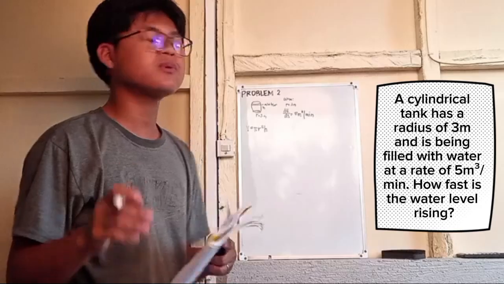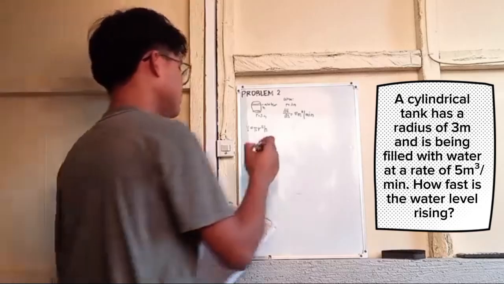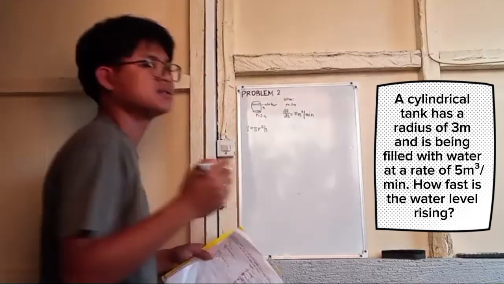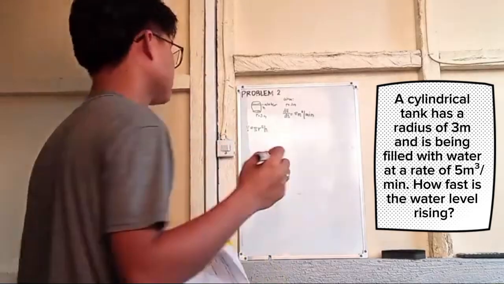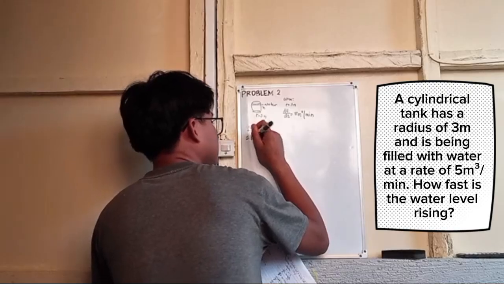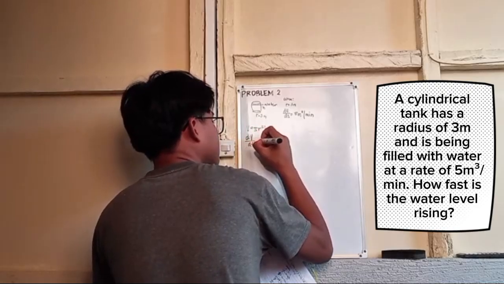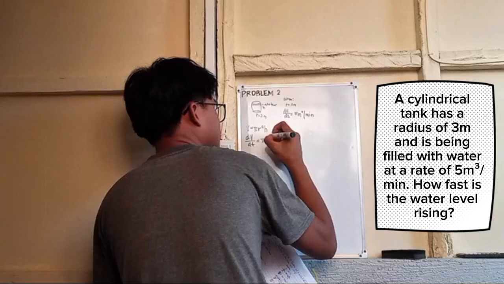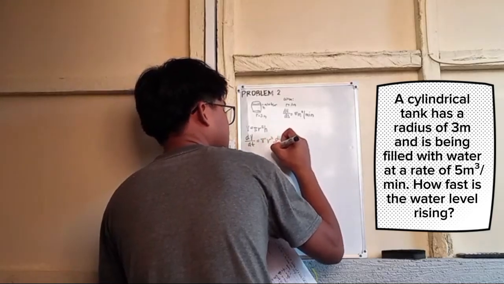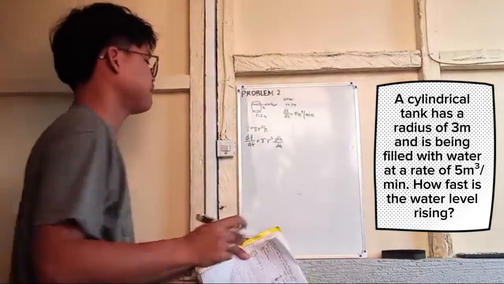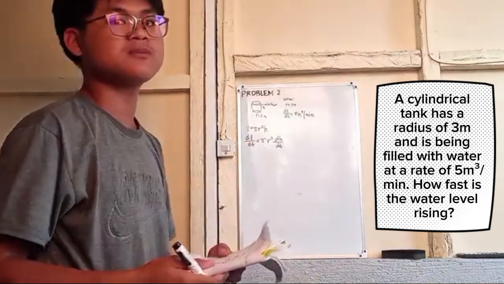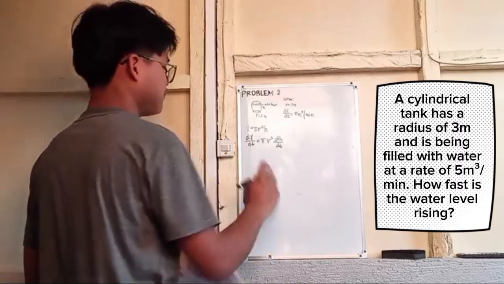So first we will differentiate the formula. Since r is constant, dV over dt is equal to pi r squared dh over dt. Here we differentiate the formula with respect to time.